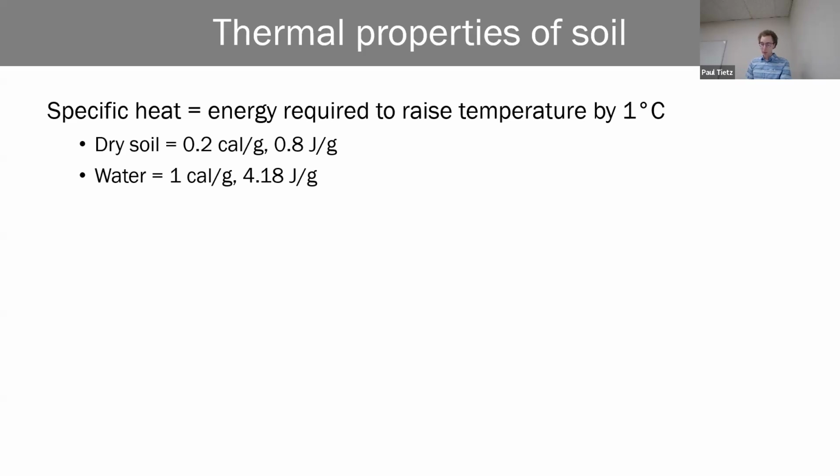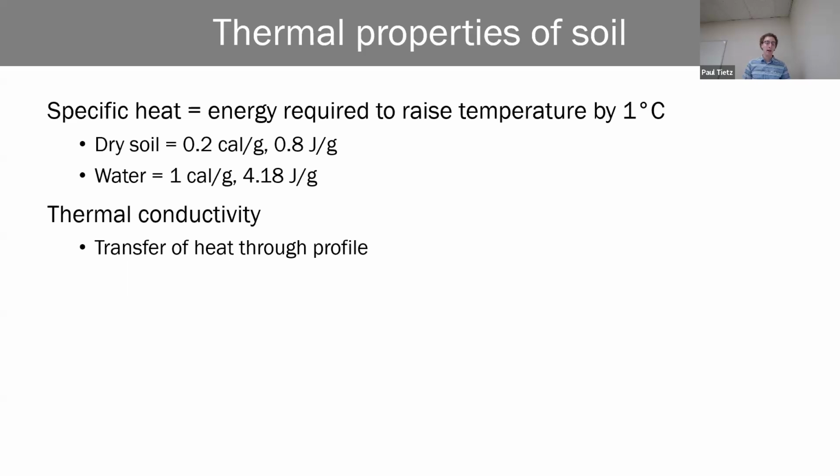So not only would you have specific heat, which is heating up soil in the first place, we also have the thermal conductivity as a kind of physical property of soil related to the temperature. Conductivity is a measure of the transfer of heat through the profile. So where you have the soil surface receiving all of this solar radiation, the sunlight, increasing the temperature, how does that heat move down through the profile, raising or lowering temperature of the subsoil?